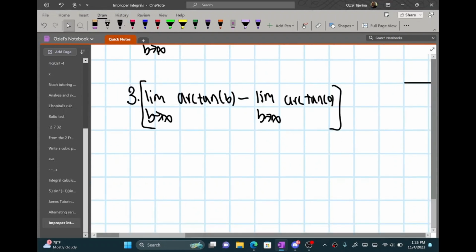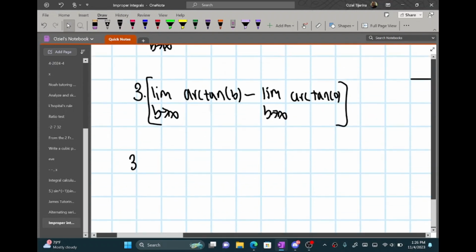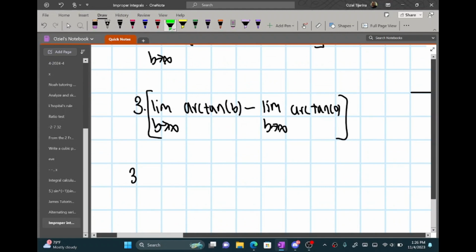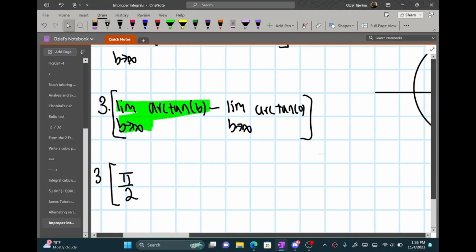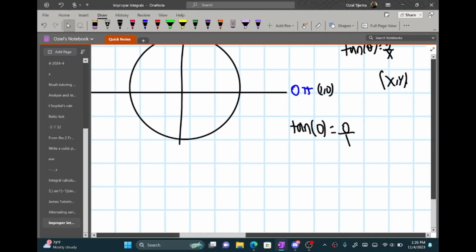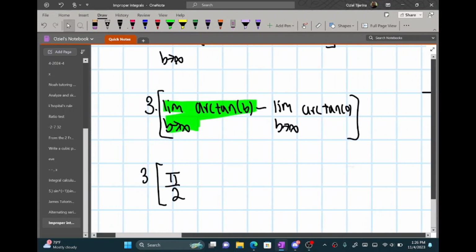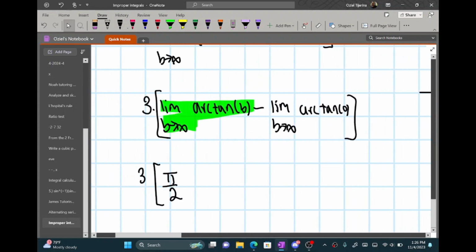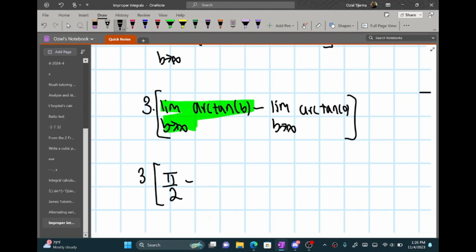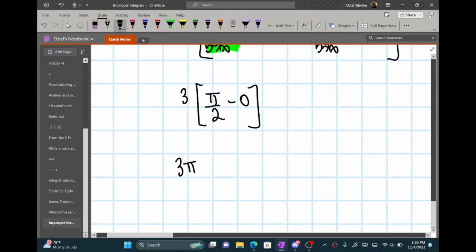And remember that the limit as b approaches infinity of arctangent of b is going to be pi over 2. And then the limit as b approaches infinity of arctangent of 0 is just going to be 0. So we're going to do pi over 2 minus 0, and so therefore we have 3 pi over 2.